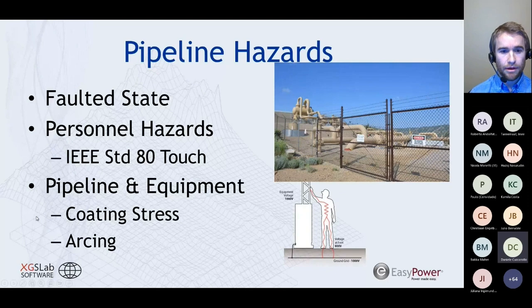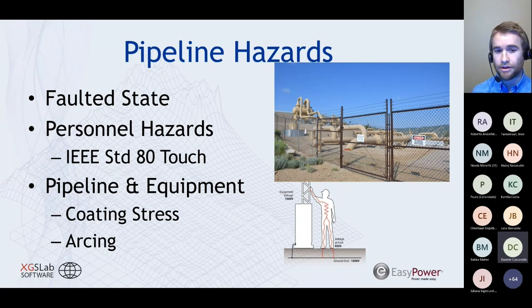Again, we have concerns about the pipeline integrity itself. This can be the coating stress, so the dielectric strength of that coating on the pipeline may be insufficient if you have 3,000 volts in your soil and the pipeline itself is maybe a couple volts. That may be sufficient to puncture the pipeline coating.